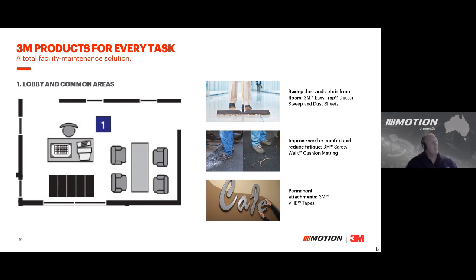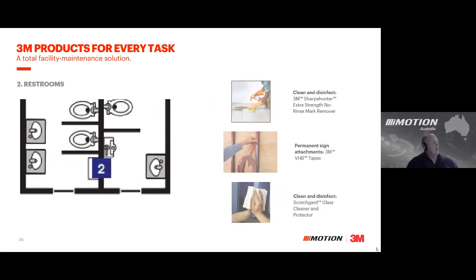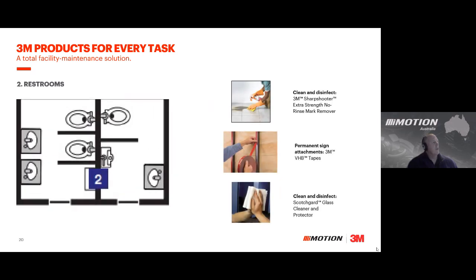So Shevlin, if we jump through to the next slide, we've got the section of the tour looking into the restroom area. 3M have a range of cleaning products that go into that space as well. They also have those VHB tapes, which can be used in permanently holding up signage attachments or requirements in those areas.